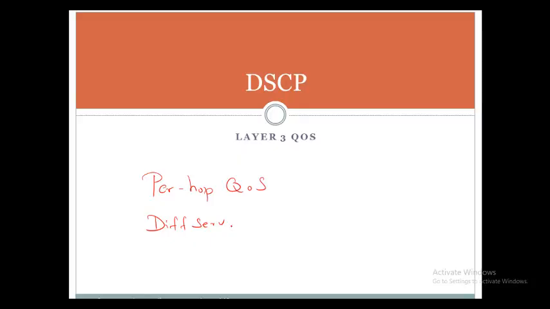So how are we going to do this? You need more options, more markings. That 3-bit marking, with which you will get 7 identifiers, is not sufficient. You want more. For that we go to DSCP.